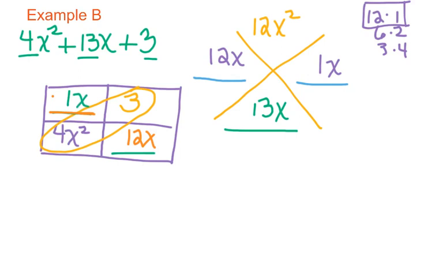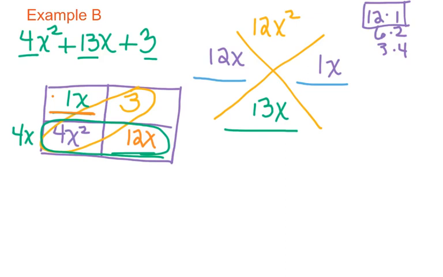So now I have to go in and do the GCF and figure out what's the common factor. I'm going to look at my line of 4x squared and 12x. And what do I have? I know that it is 4x. I'm looking for the greatest common factor. So 4x sits in both 4x squared and 12x.